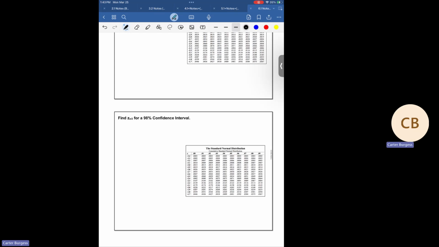Which function are we going to use? Inverse norm, right? Which is the third one. Okay. What is our area here for a 98% confidence interval? 0.98. If I'm looking for z-scores, what are my mu and standard deviation going to be? 0 and 1. And then if I'm looking for between two values, I should use center.